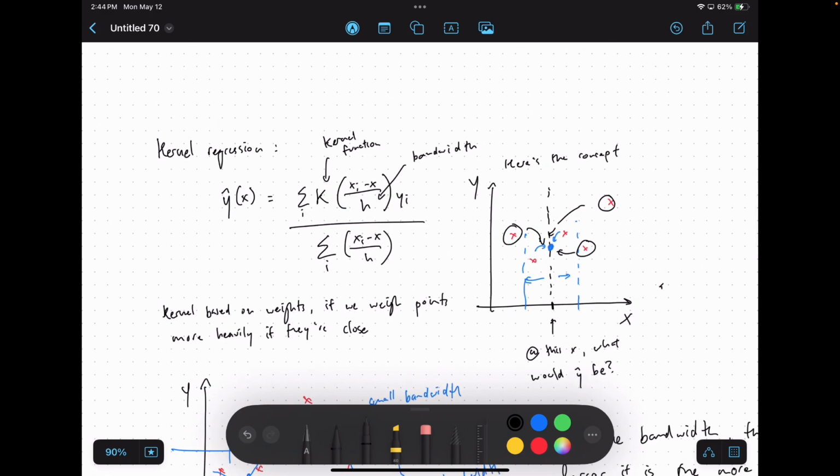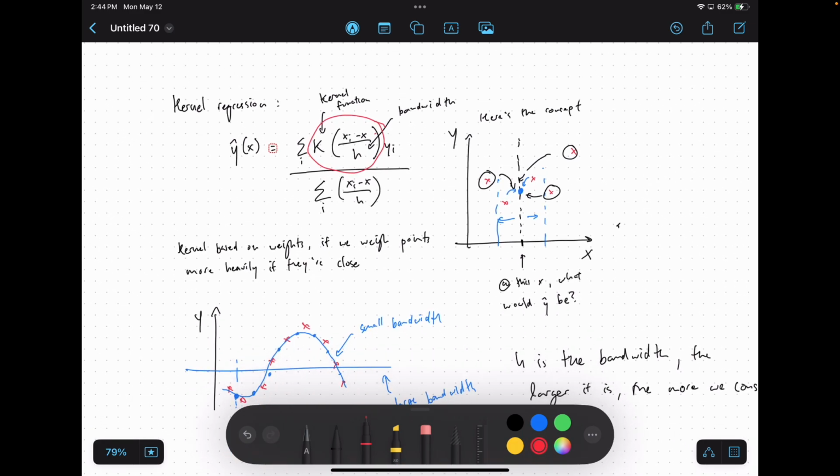So the kernel function here is really referring to the value that you derive out of this thing, right?